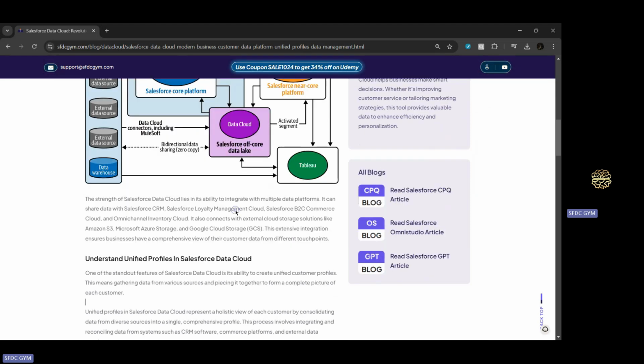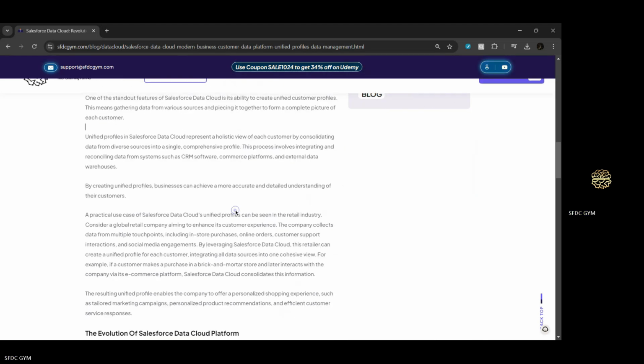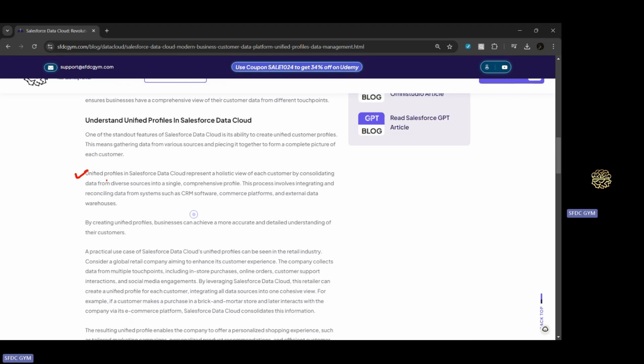Okay. Now let's move to the next point, which says a unified profile in Data Cloud represents a holistic view of each customer. This is very important. We are talking about each customer that is present in multiple data sources and that provides us a holistic view of that customer. Based on that information, we will do some marketing strategies or whatever business logic that we try to implement.